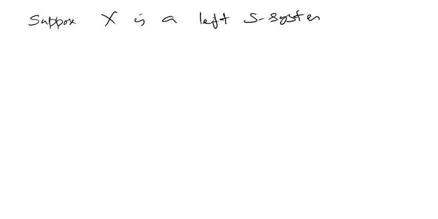So next we define the Cartesian product of two systems. Suppose X is a left S system and Y is a right T system.